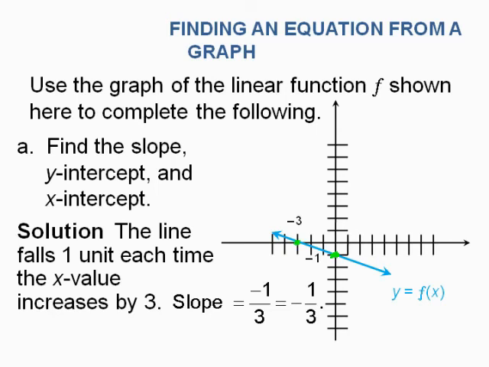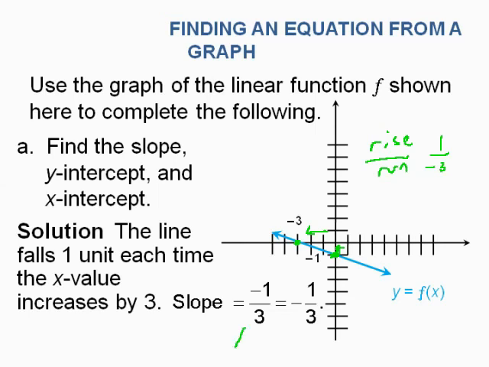So if I were to use this rise over run concept, I would rise from this lower point 1 in a positive direction, so that's going this way, and then I would run 3 this way.